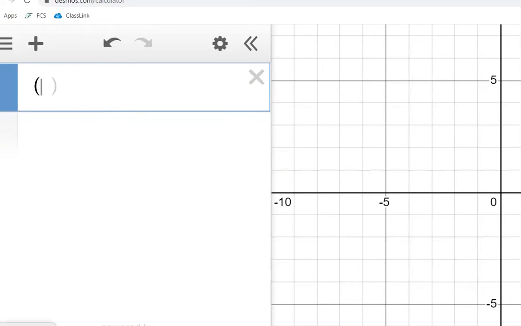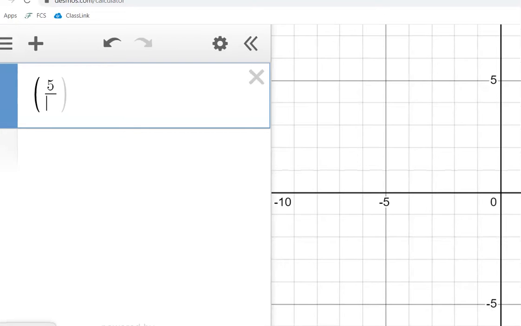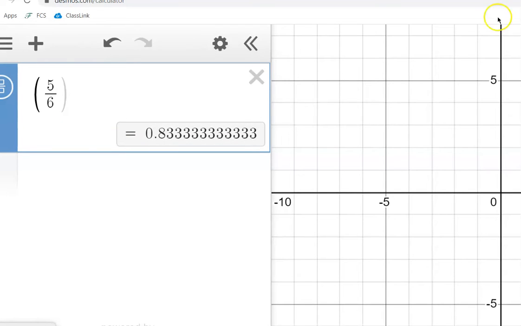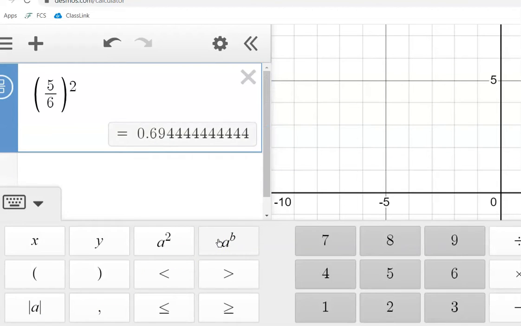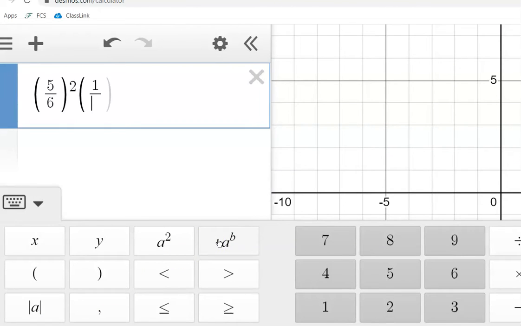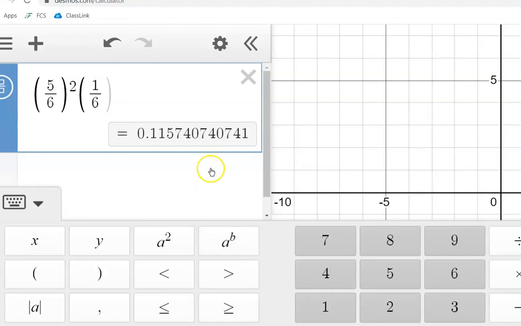Alright, so I'm going to do 5 over 6 to the second power times 1 over 6. Alright, so I get 0.1157.